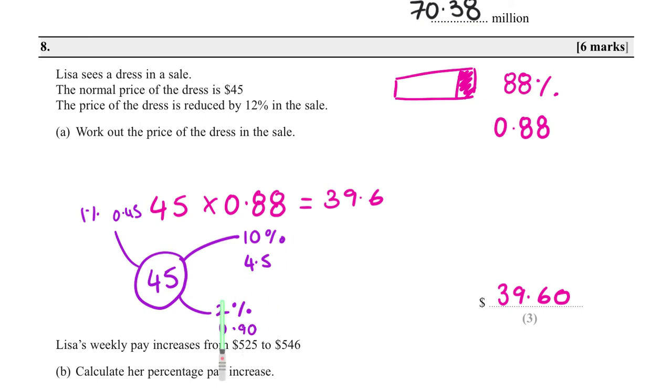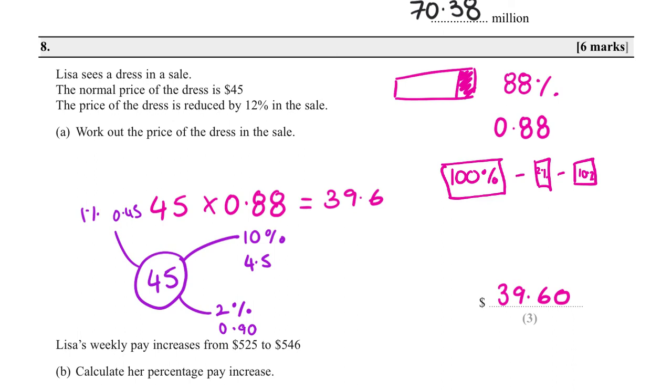So if I'm decreasing by 12%, if I had 100%, I'd take away 10% and 2%. Let's think about this in percentages. If I had 100% and I take away 2% and take away 10%, is that the same as taking away 12%?